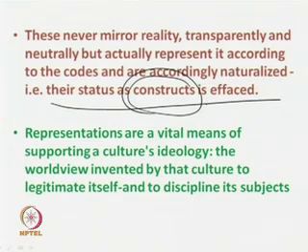The worldview, remember we talked about ideology as a worldview, and I am reading this again. Representations are a vital means of supporting a culture's ideology, the worldview invented by that culture to legitimate itself and to discipline its subjects. I think these last two words are immensely important.